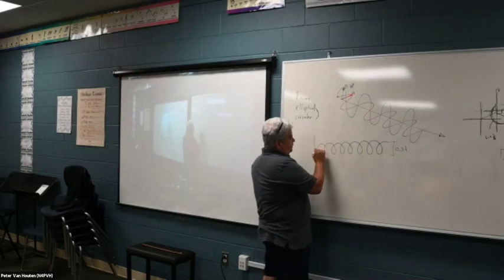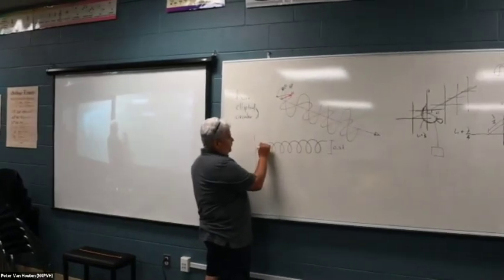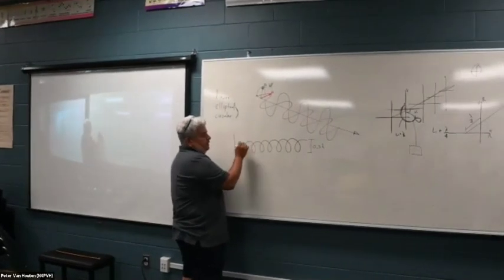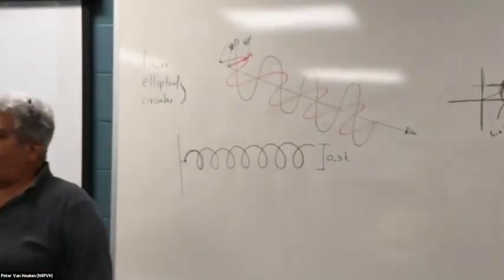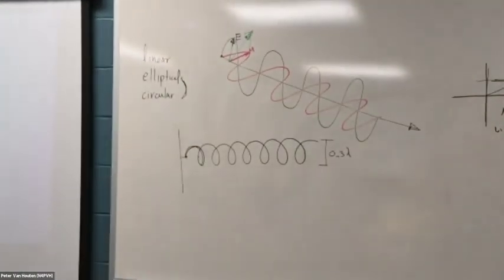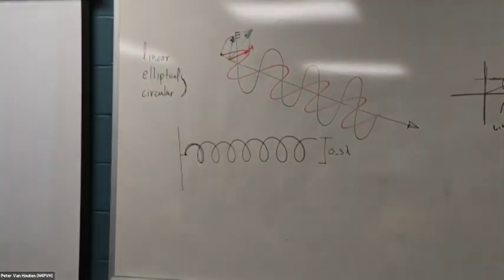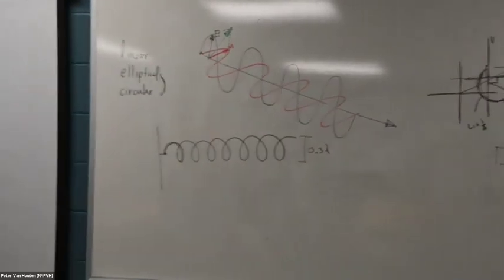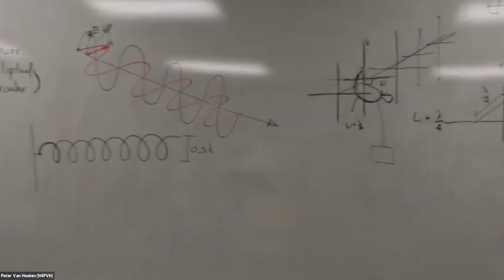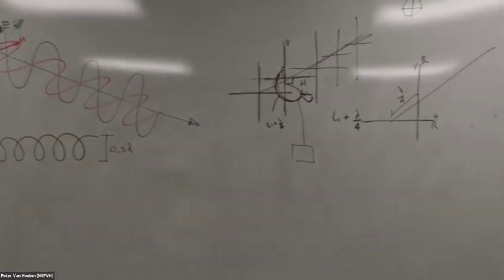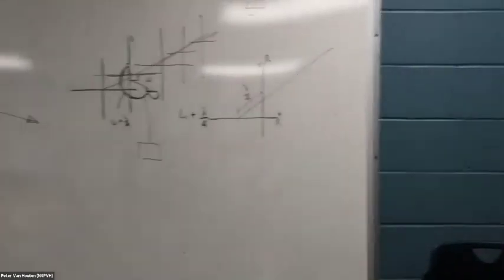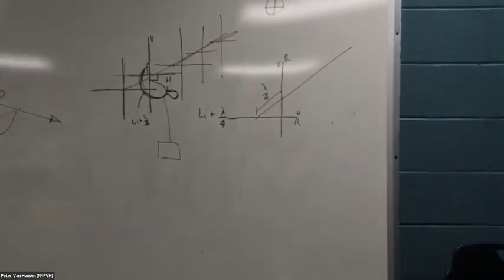Every turn, let's say you start here and you do the first turn and end here, is more or less one wavelength. This antenna is very forgiving on the dimensions. You can do it, not be precise, and you will be on the spot.